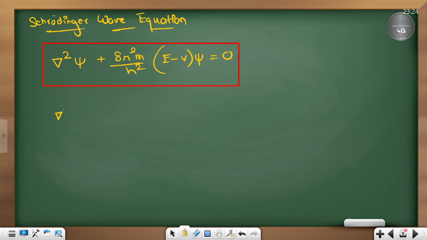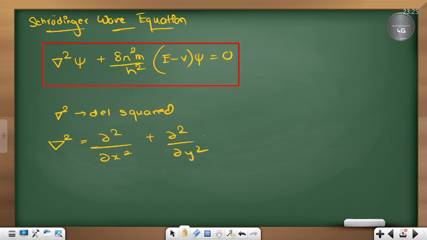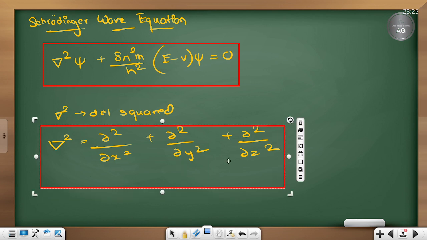What is this del squared? It is read as del squared. It is actually another big expression, which is not to be read: del squared psi equals the second partial derivative of psi with respect to x squared, plus that with respect to y squared, plus that with respect to z squared. This is actually the del squared value. So instead of writing this long equation, we have substituted it by writing del squared. Clear?